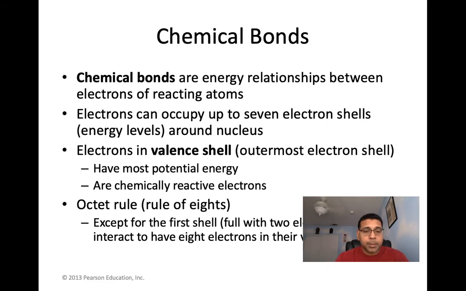Then I want you to know which electrons are involved in chemical bonding. In chemical bonding, we'll see the only electrons that are involved are those in the atom's outermost energy level. The inner electrons are most likely to be tightly held by the nucleus as we described.